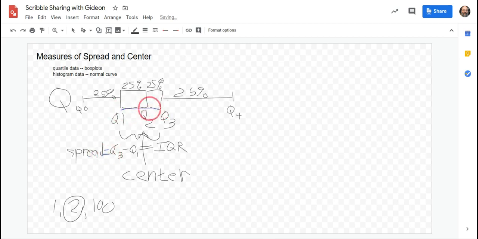Informally, that's just the width of the box part, the width of the middle. What do we do with the middle in a box plot? We make the middle into a big box to say, hey, this is the middling data. There are going to be some outliers elsewhere in the skinny part, in the stem part. So the center is just Q2, and we call that the median.